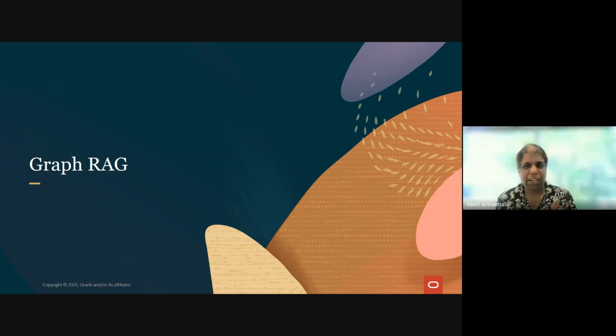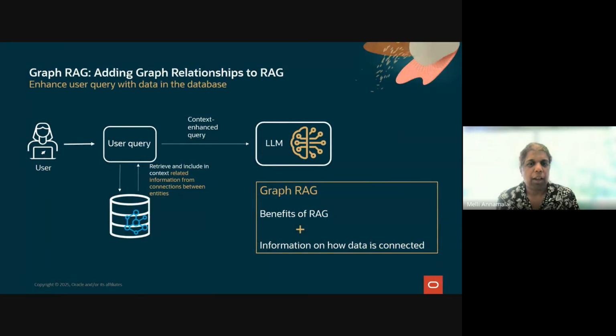So now we'll go to graph RAG and how graphs can be added to Retrieval-Augmented Generation and basically added to vector search. We saw that in Retrieval-Augmented Generation, the user query is enhanced with context retrieved from the database.